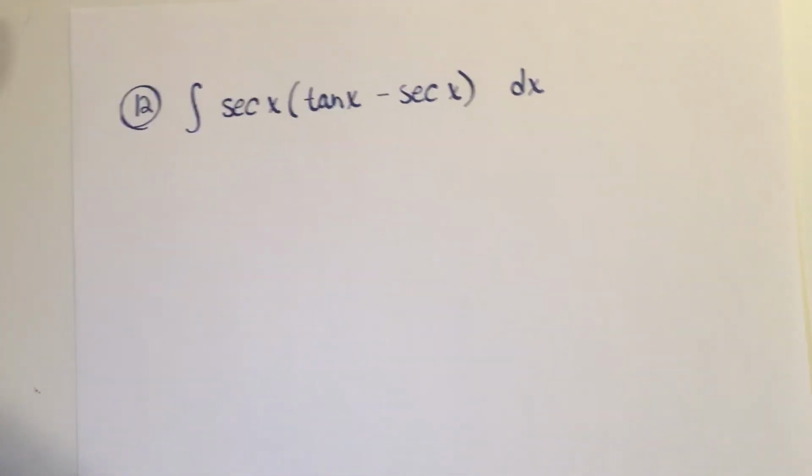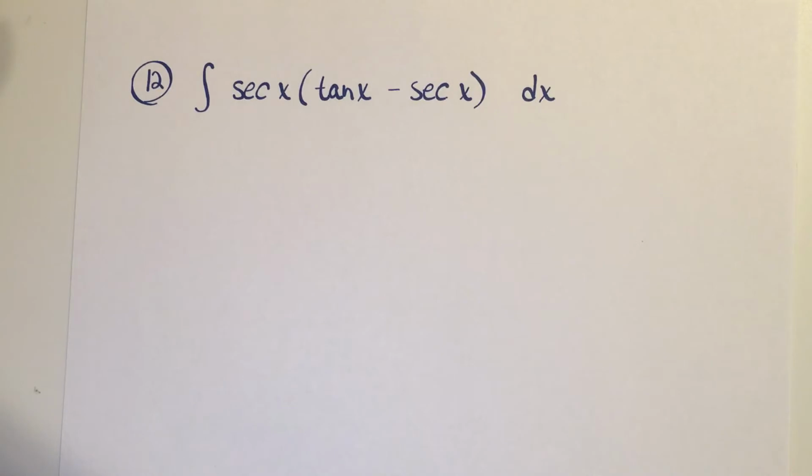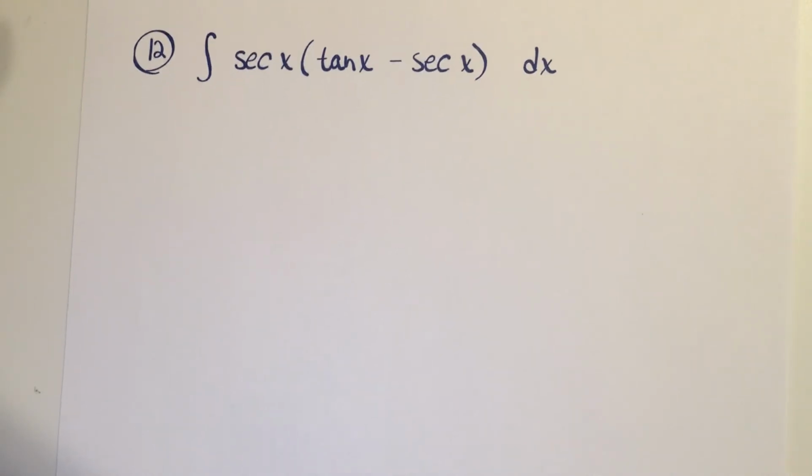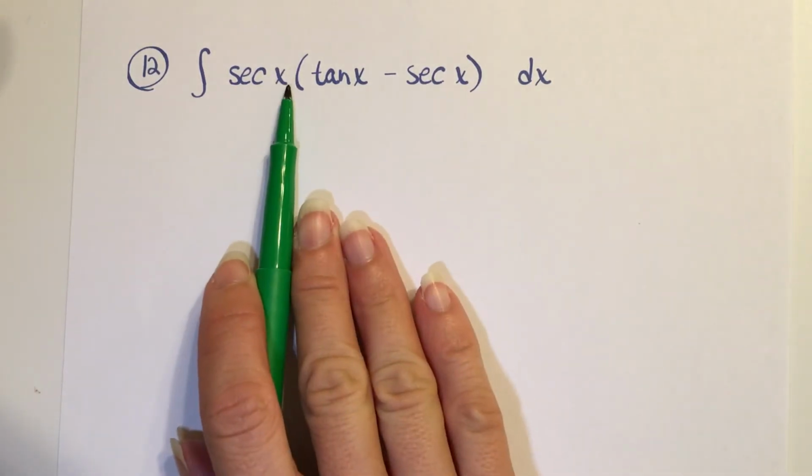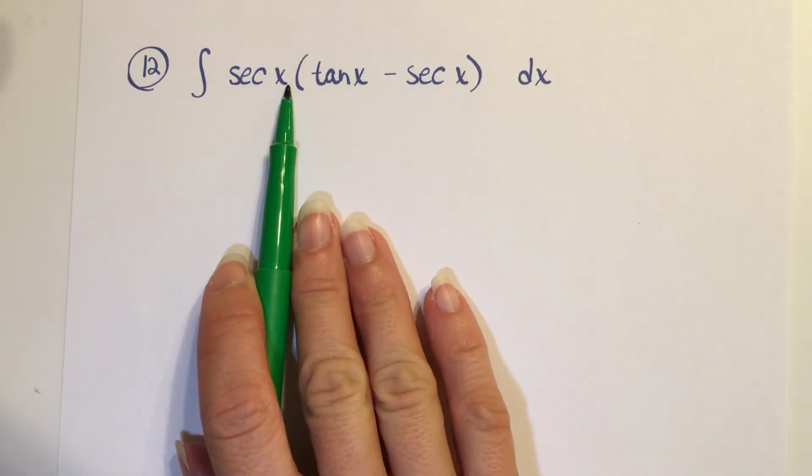Okay, one more here that's a trig function for us to look at. All right, what you're going to want to do here is to distribute, because again, remember, there is no such thing as a product rule, okay?